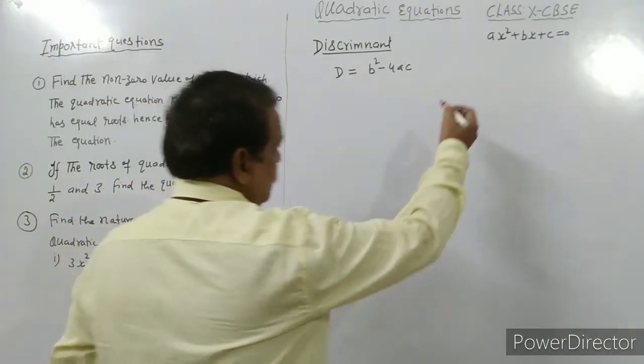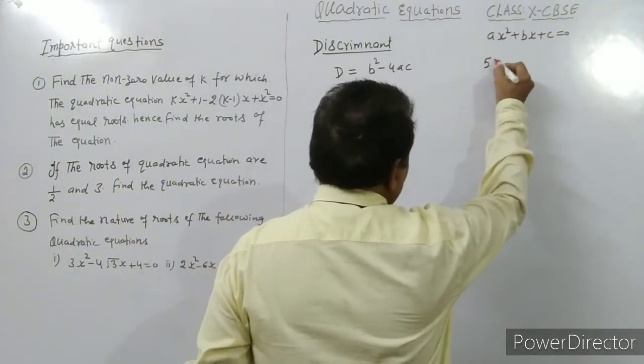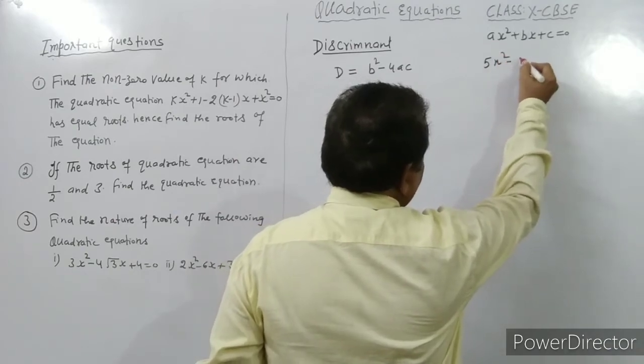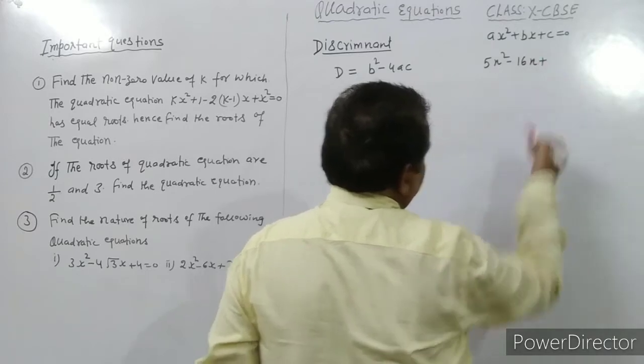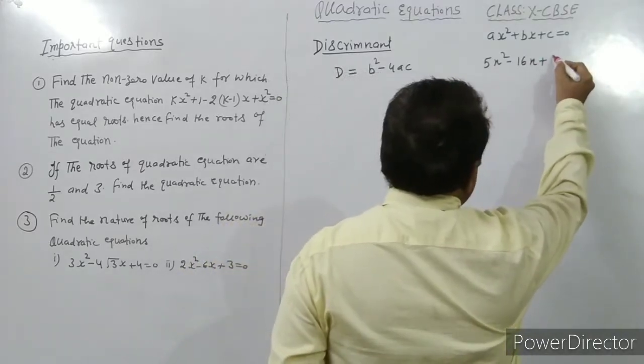For example, suppose the equation is 5x square minus 16x plus 4.